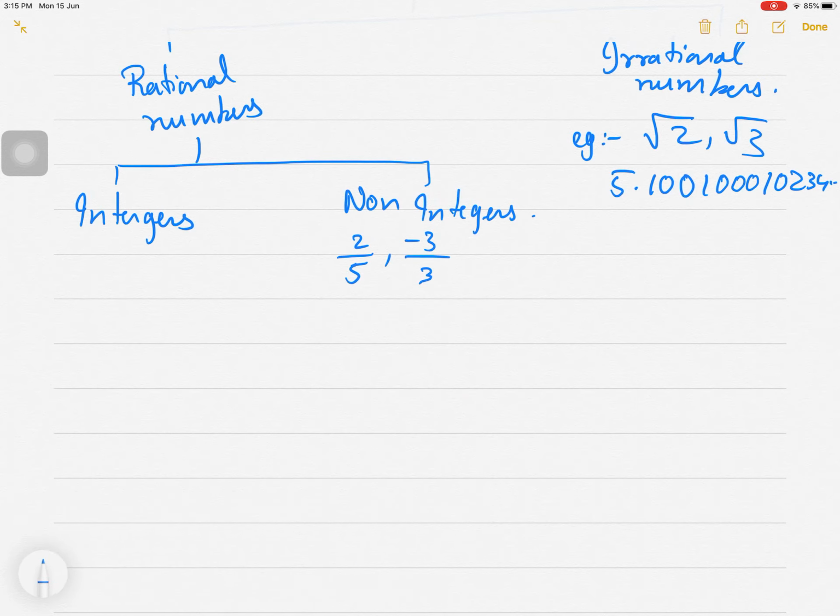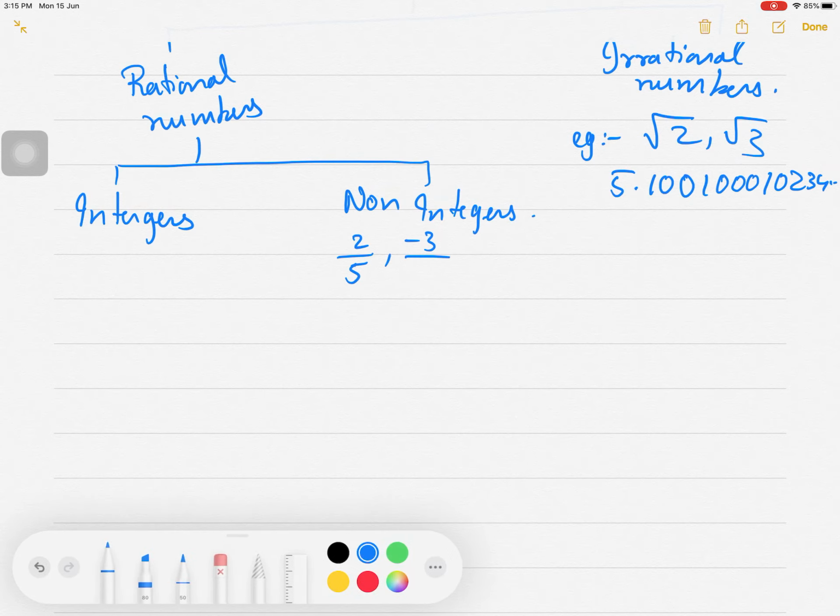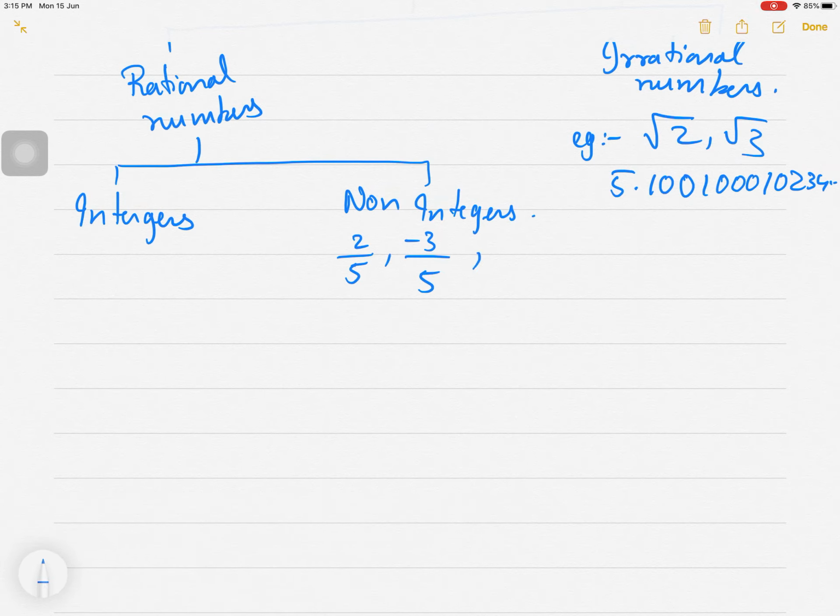Minus 3 by 5, 4 by 7, minus 4 by 11. These are non-integers. Or 0.25, 2.75. These are non-integers.